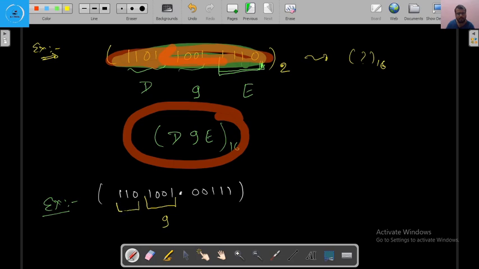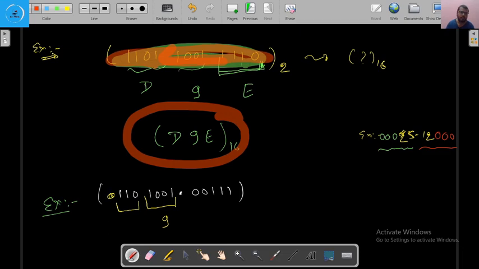And here there are only 3 binary digits, and we cannot group 3 binary digits for getting the hexadecimal equivalent. So we are going to write a 0. If we write 0 here, its value will not change, and again if we add 0 here, its value will not change.